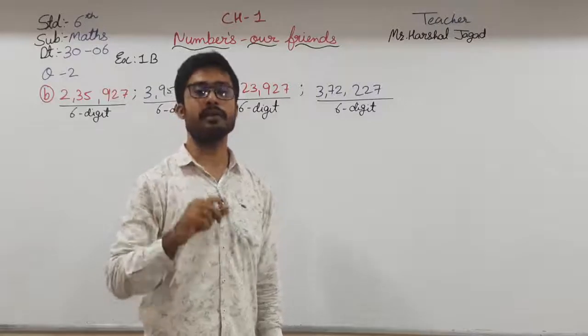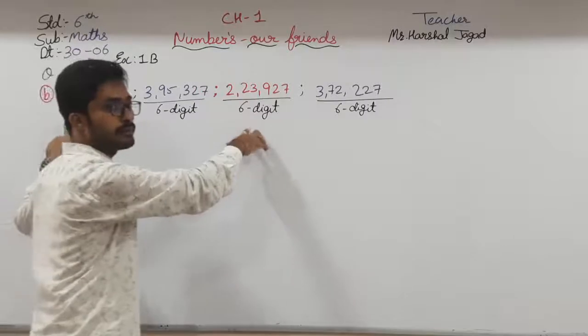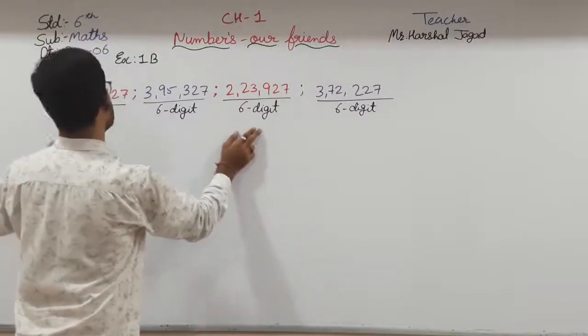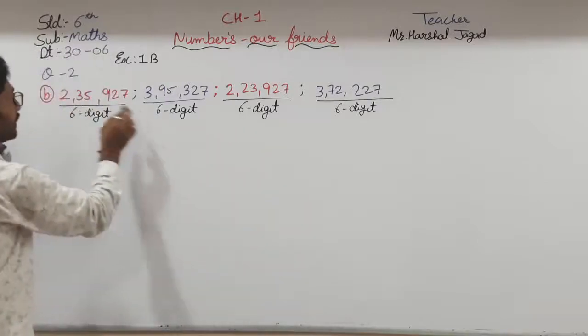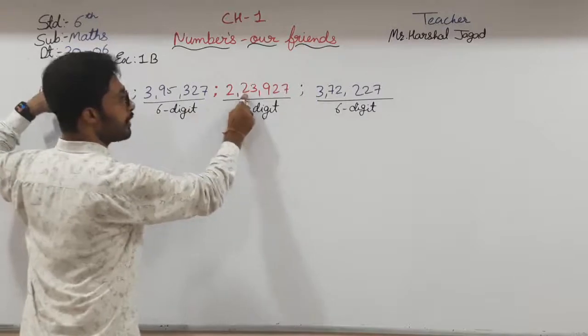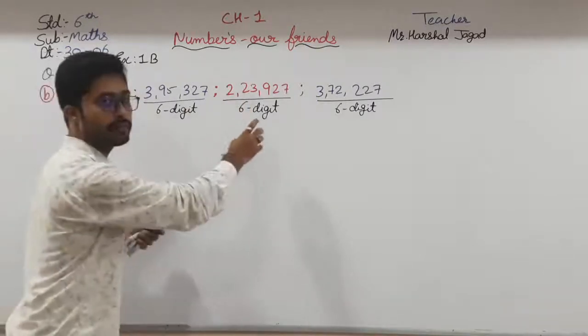So first we will see the smallest number, that is 2. Here you can see the numbers having first digit 2, that is this 2. Then after we will see the second digit. Here it is 3, here it is 2. So this one is smaller than this one, so first will come this.